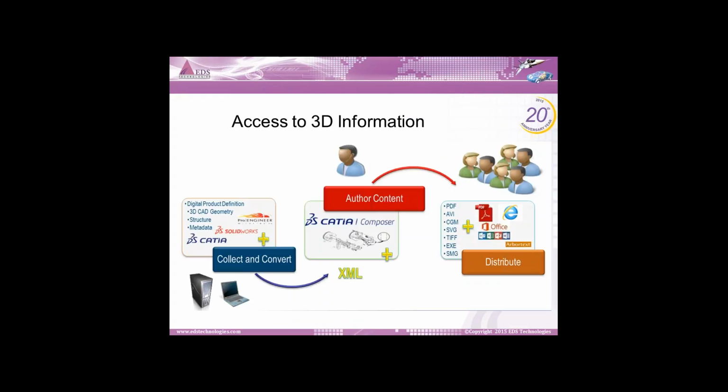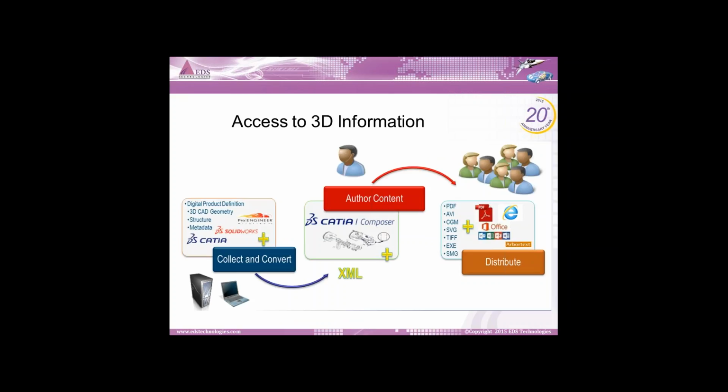And these are a few of the inputs that we give to Studio Composer. Any CAD data can be brought inside this, and we can make use of that CAD data. It's not only CAD, it's 3D CAD data, geometries, structures, metadata can be used. I've given a few examples.